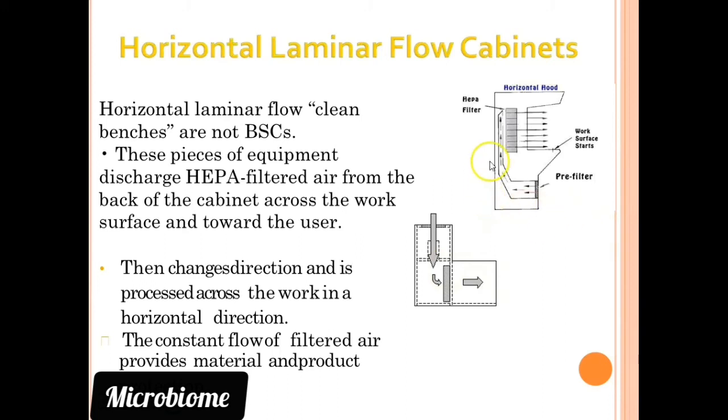If you observe this diagram, there is a pre-filter. Through this pre-filter, air passes and reaches the HEPA filter, which traps all particles or substances, and we get contaminant-free or sterile air onto the working surface.